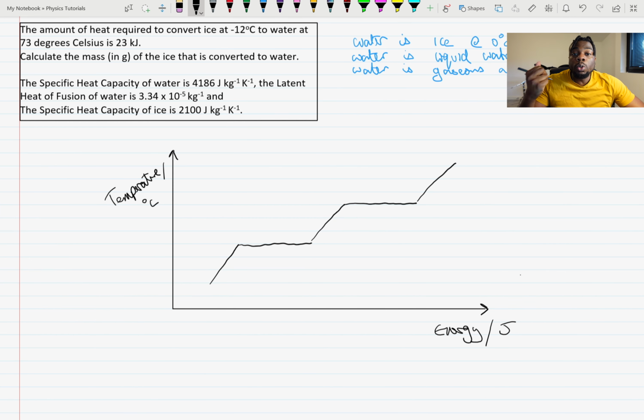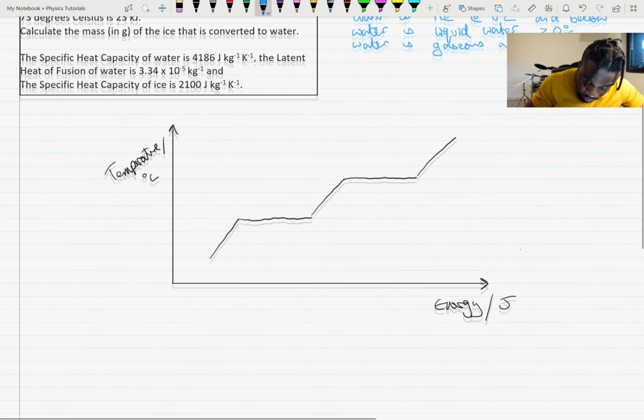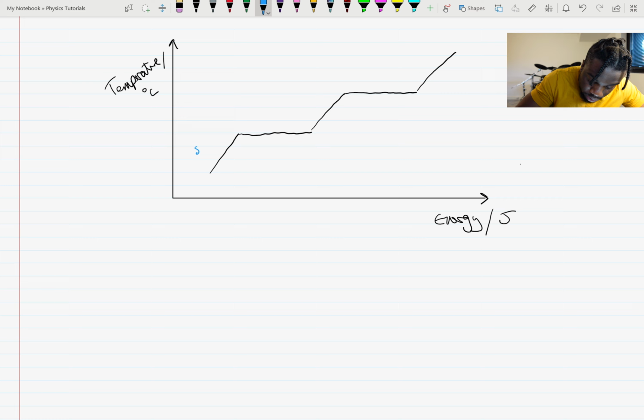And I'm going to label exactly what's happening in these sections of straight lines, right? So for now, I'm going to assume that we start at the bottom as a solid. And currently what we are doing is heating that solid. As we pour energy into the solid, we are heating it up and raising its temperature.